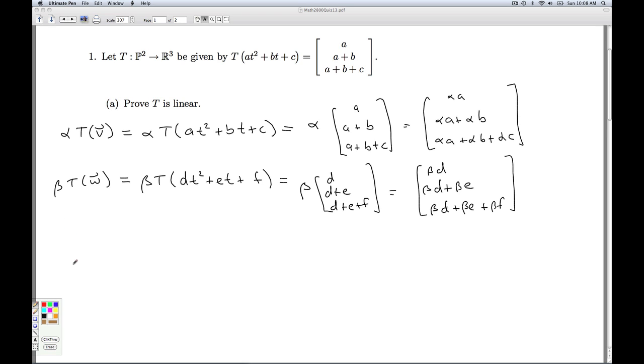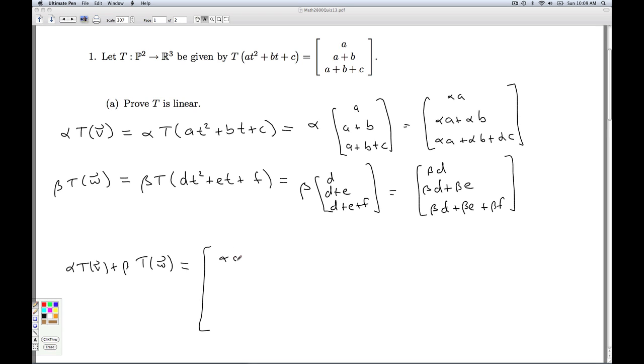So now if I look at alpha T of V plus beta T of W, what am I going to get? Well, we add these vectors component-wise.